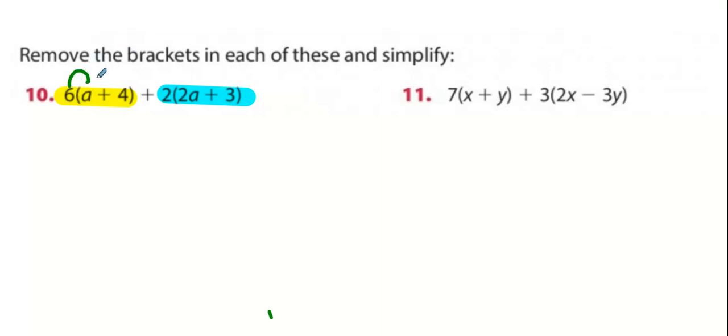So 6 times A. 6 multiplied by A. Good answer, N. 6 times 4 is 24. Good job. N, take over. 2 times 2A. 4A. 2 times 3.